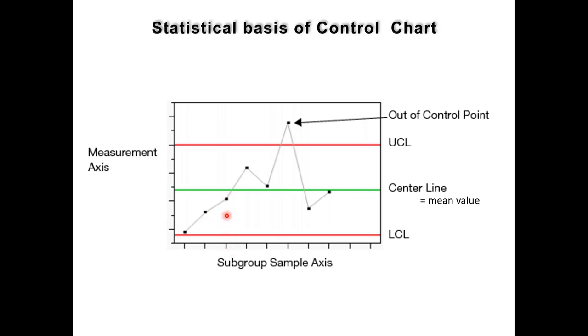At each point we have a sample of a number of observations. From here also we can identify a situation of out of statistical control, because there's a point which lies above the upper control limit. So again, the central value of your control chart is actually the mean value.